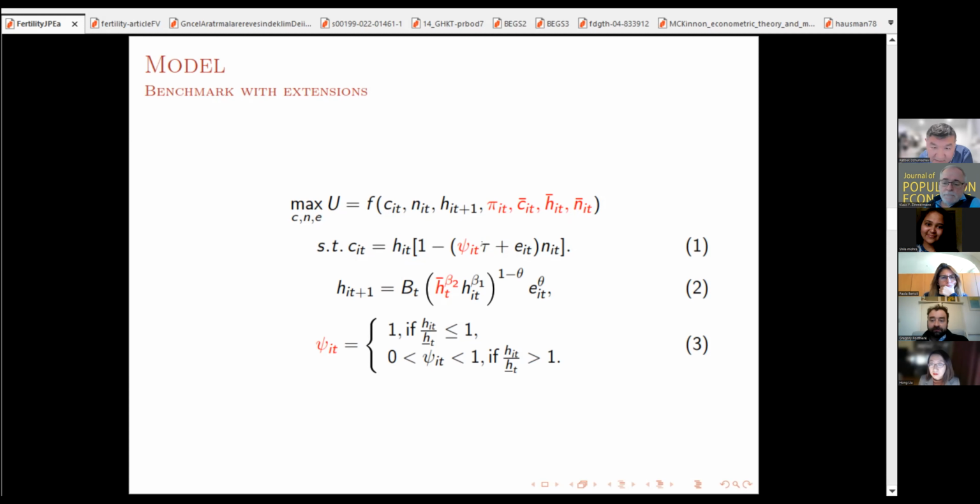That's why it's 1 minus. So you are spending time raising, and you're also spending some money on education. And what is left will then be consumed by the parent, by the agent. Okay, thank you so much.